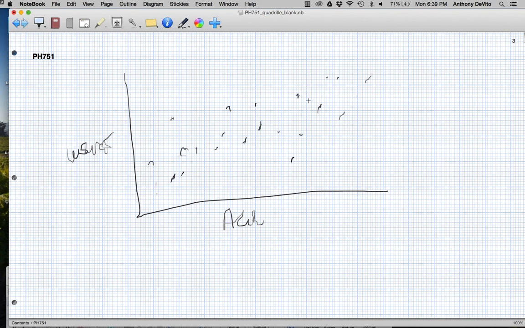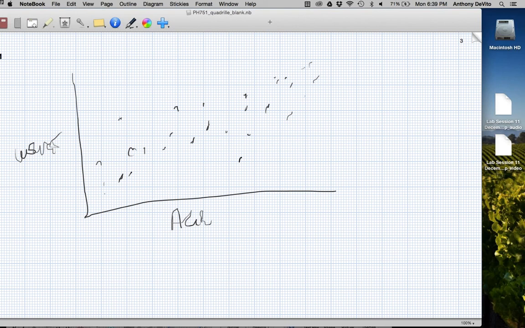I'm plotting the dot for each individual. Notice something in general about this? In general, the values tend to go up as age increases, weight increases. It's not a perfect straight line, but we can put a line here.